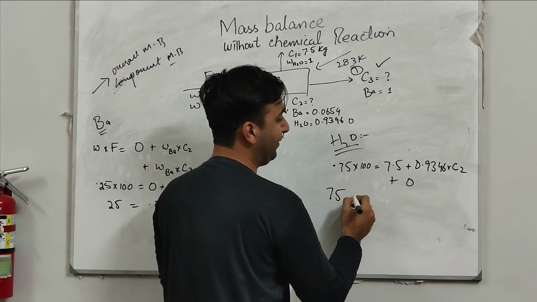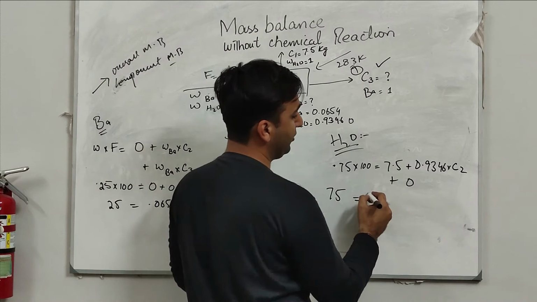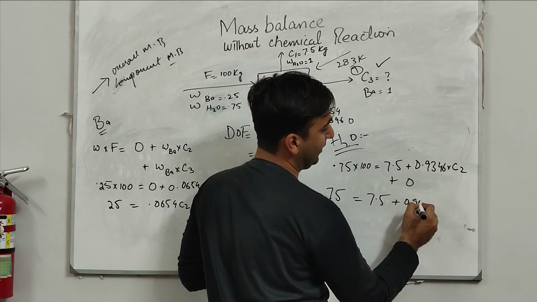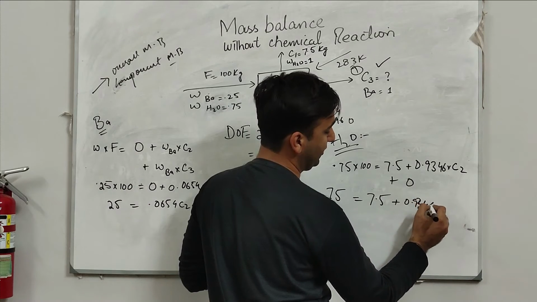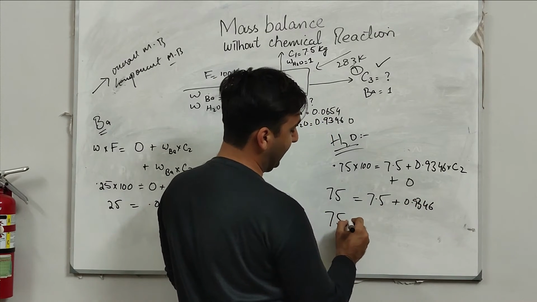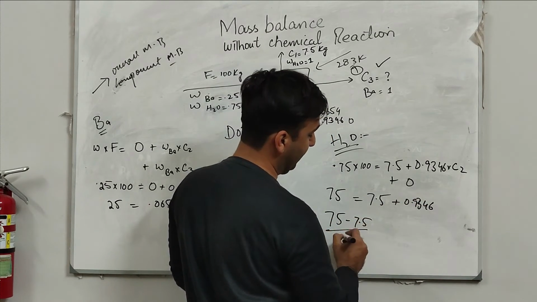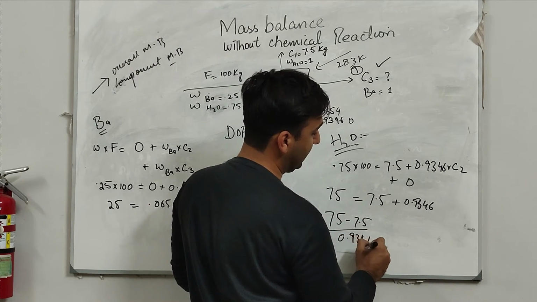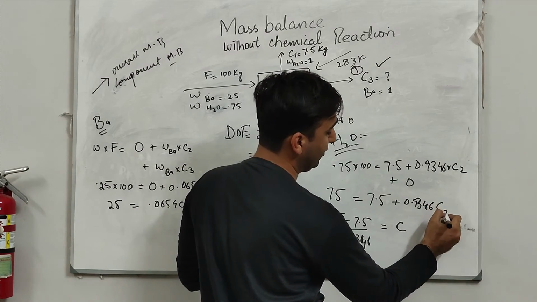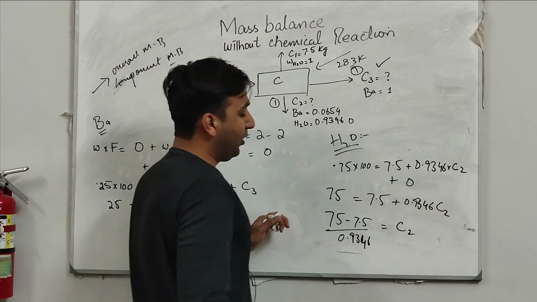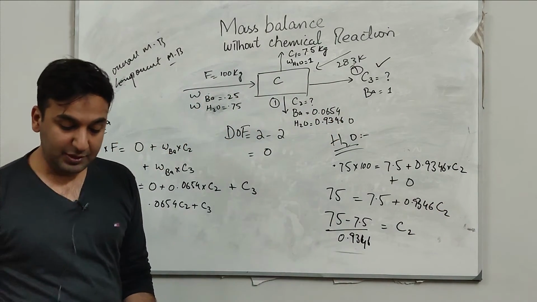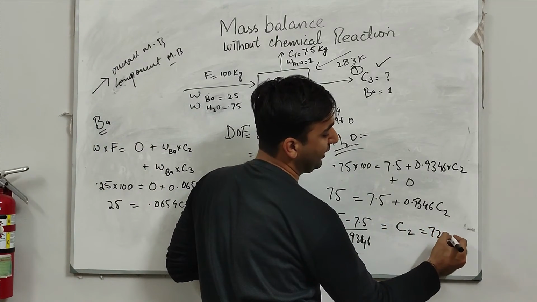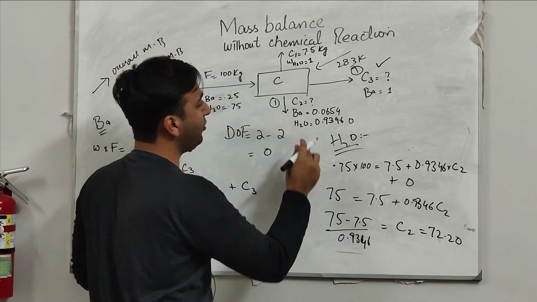So 75 is equal to 7.5 plus 0.9346 C2. So 75 minus 7.5 divided by 0.9346 is equal to C2. So now if you solve this, you will get C2 as 72.20.